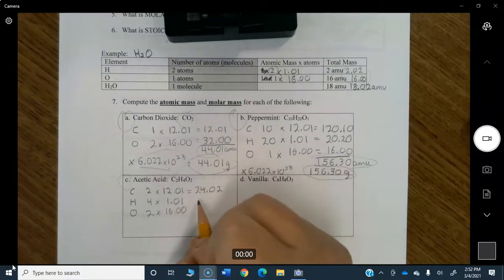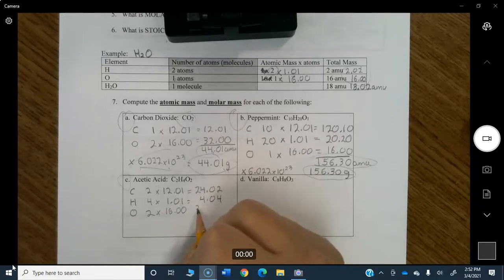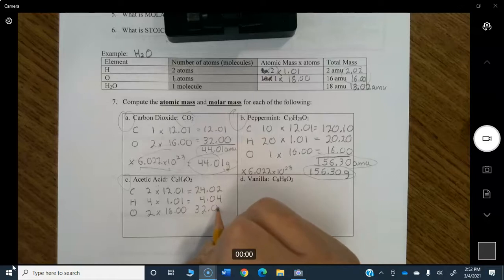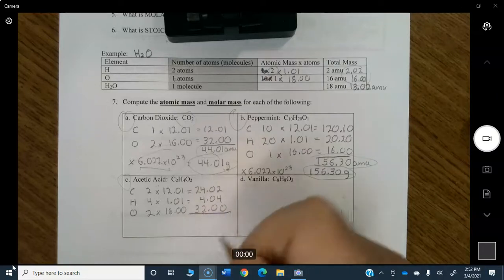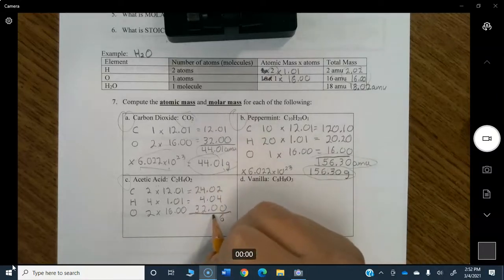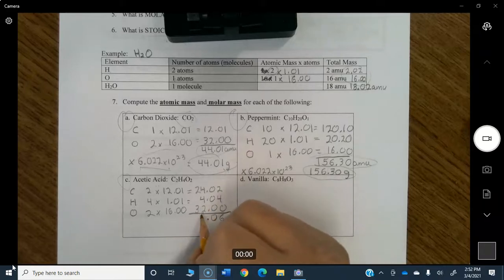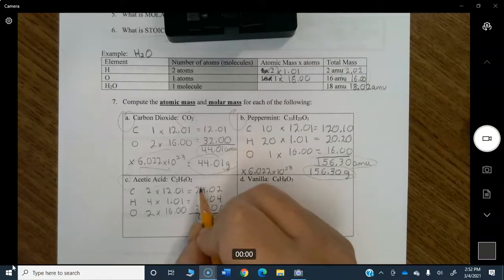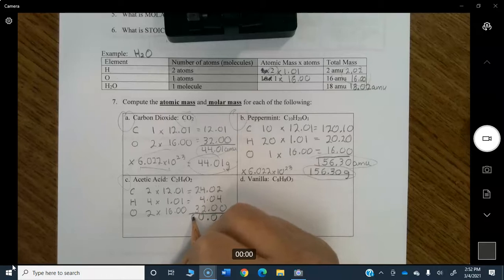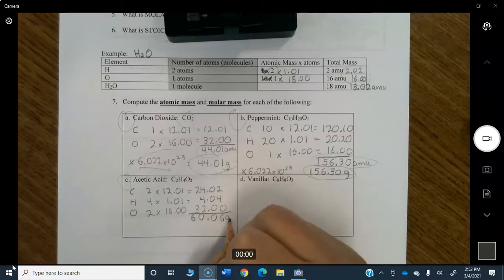This is going to be 4.04. And this is going to be 32. And if we add them up, we get 60.06 AMU, that's for a single acetic acid molecule.